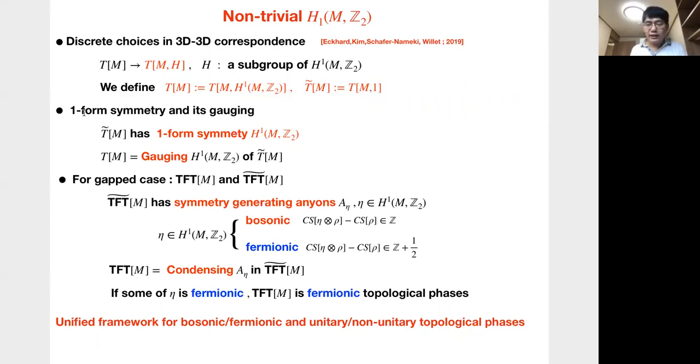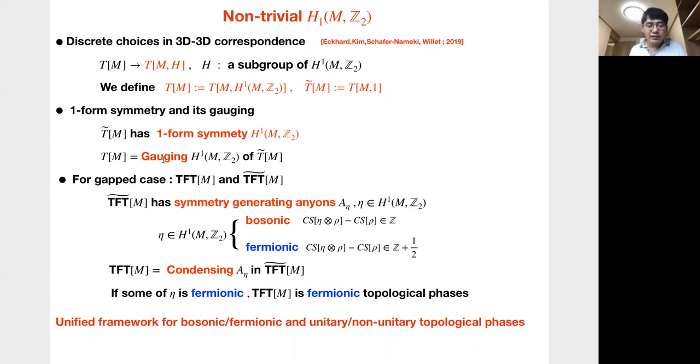So I cannot go into detail, but one crucial thing is that the Z2 homology of this internal manifold plays a role as some one-form symmetry or zero-form symmetry of the resulting 3d theories.